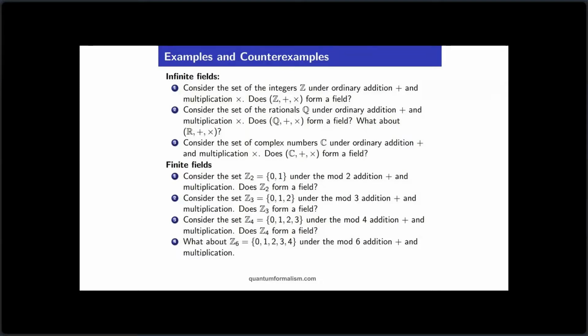Remember, for a field, with respect to one binary operation, the entire set is a group. With respect to the second binary operation, multiplication, if you remove the 0 identity of the additive operation, then you get a group.